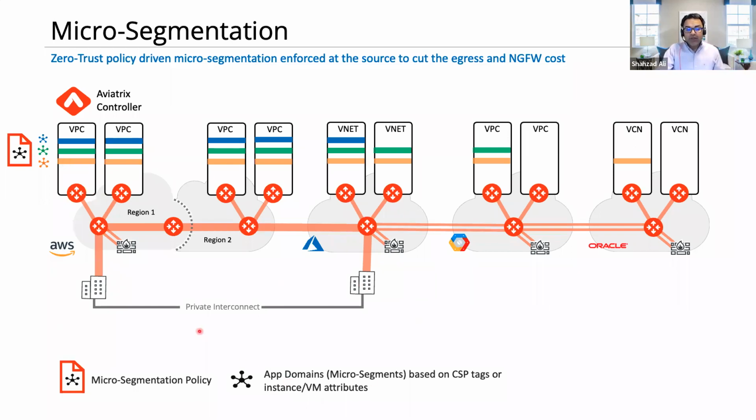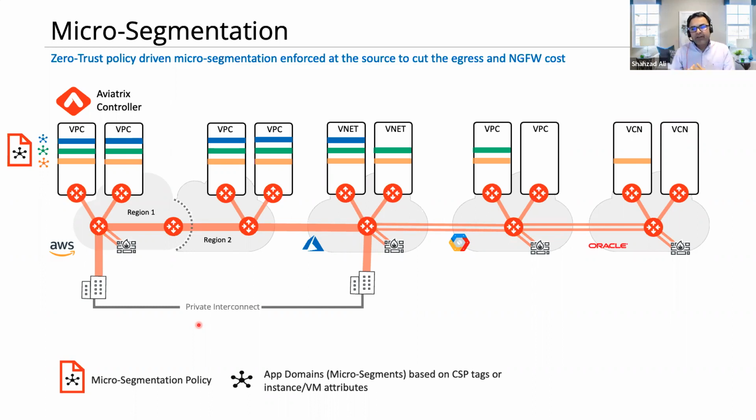And I can now create a microsegmentation policy saying, you know what, the blue cannot talk to green, but blue can actually talk to orange, for example. Right? And then this is also available in single cloud or multiple clouds or multiple regions, right? So now you have more control over your network. You have complete visibility into what those applications are that are part of that app domain and how they're actually connecting or talking to the other domains.